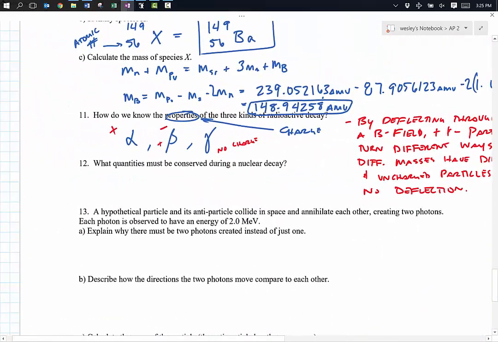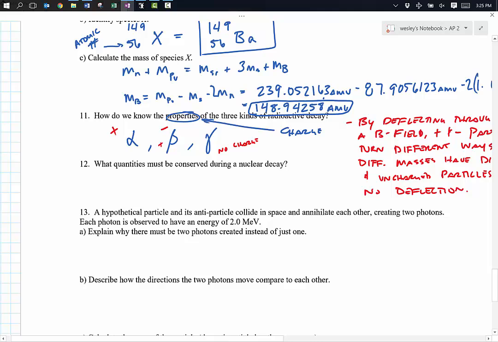Okay. What quantities must be conserved during a nuclear decay? In this case, charge is always conserved. Number of nucleons, that top number. I'm not going to say number of protons, although that's true, because you can have negative with a negative sign, but we get that with charge. That's what the bottom number is going to tell us.